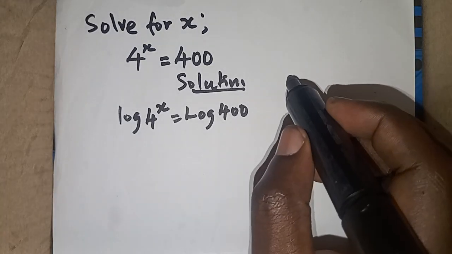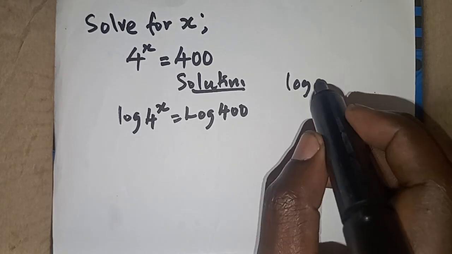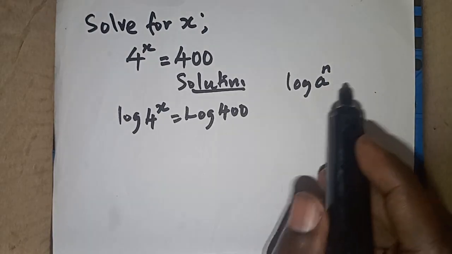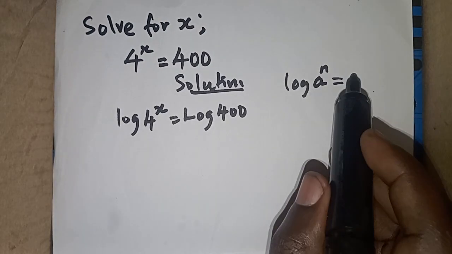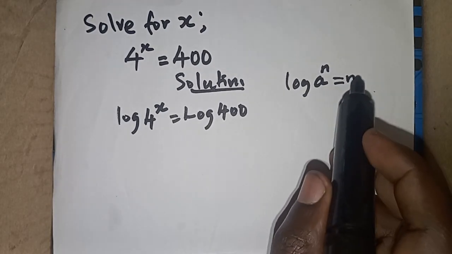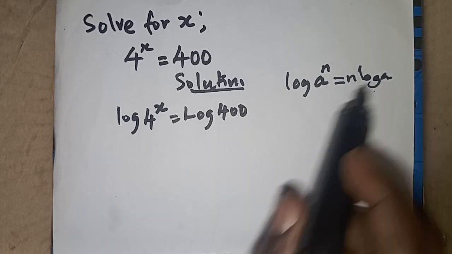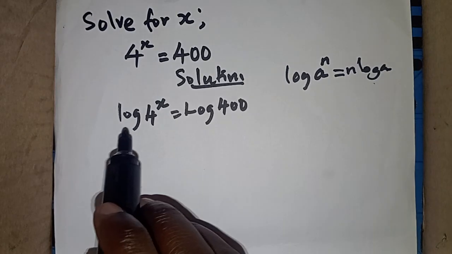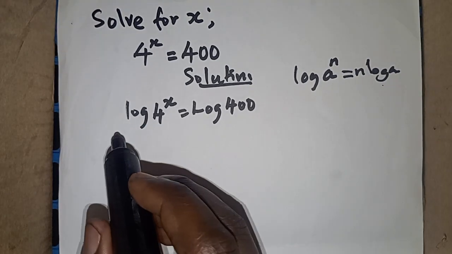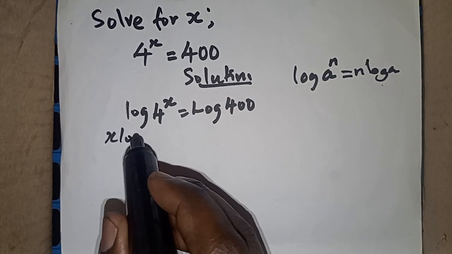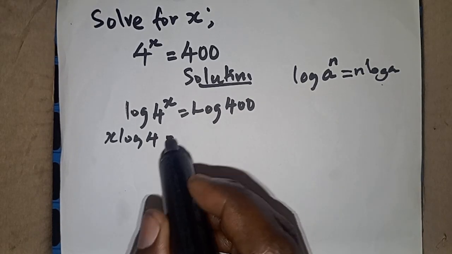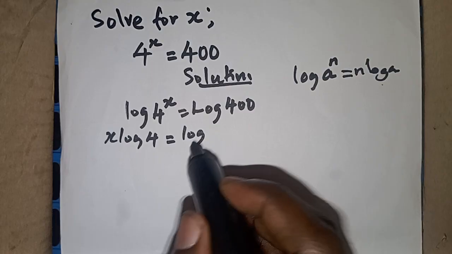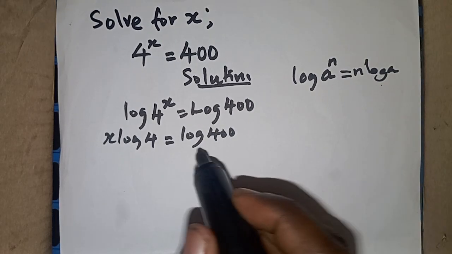Recall that whenever you have the log of a raised to n, then this can be re-expressed as n times the log of a. So applying that here, this now changes to x times the log 4 is equal to the log 400.